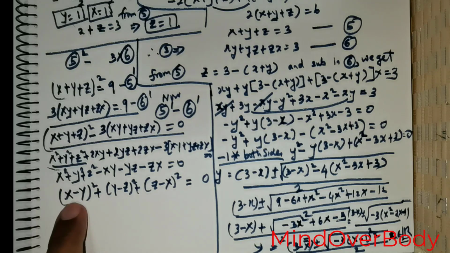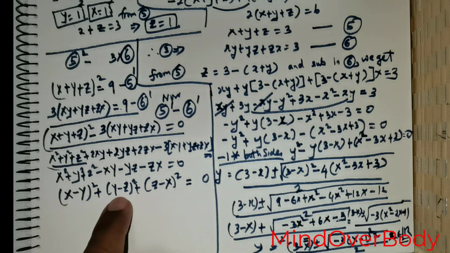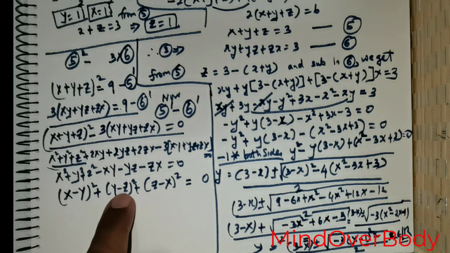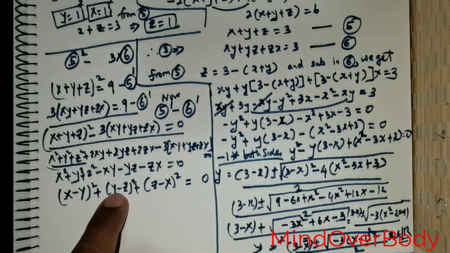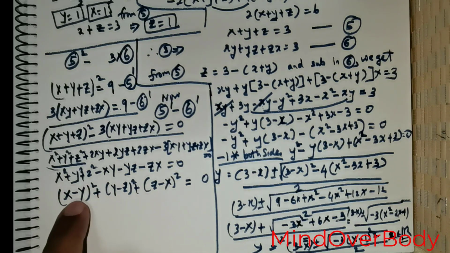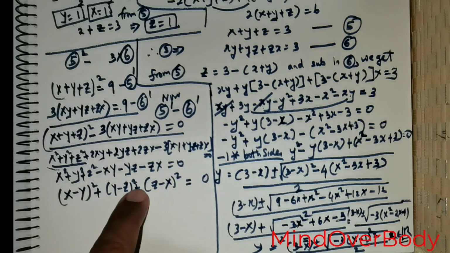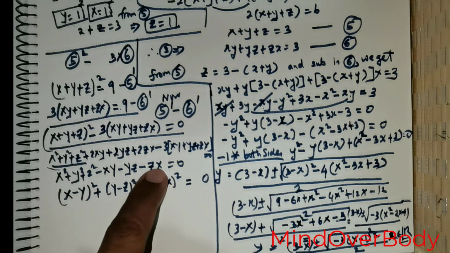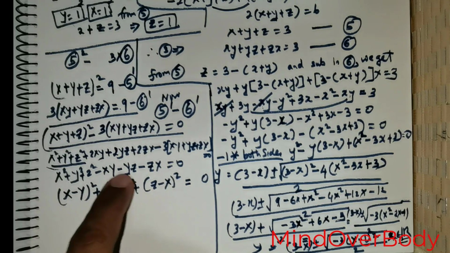Okay, now when you expand this, you get x² + y², then y² + z². That means you have two y² terms, two x² terms, and two z² terms. And similarly, you will have 2xy, 2yz, 2zx. But we just have one zx, one yz, one xy.